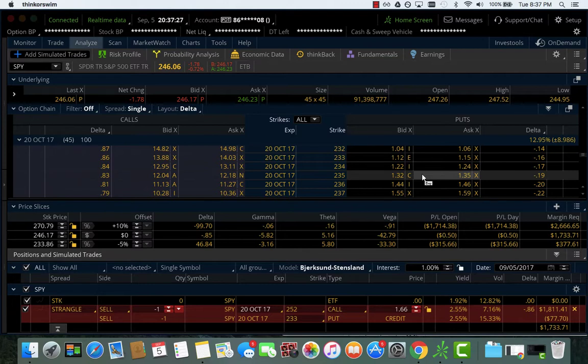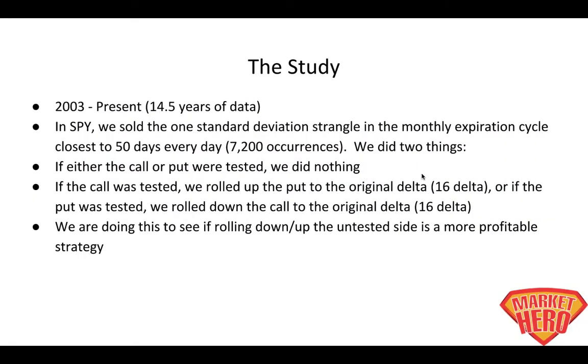And we know doing nothing is a profitable strategy. The second thing that we did was if the call or put were tested, we rolled down either the call or put, and I'll show you how that is in a second, to the original strike price.